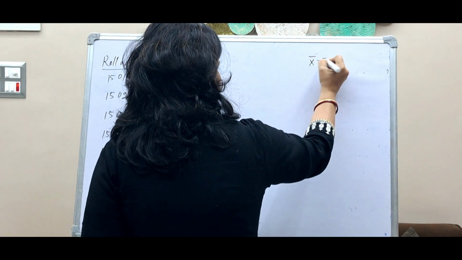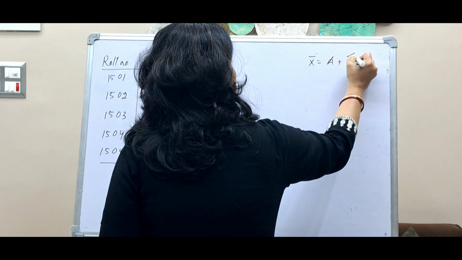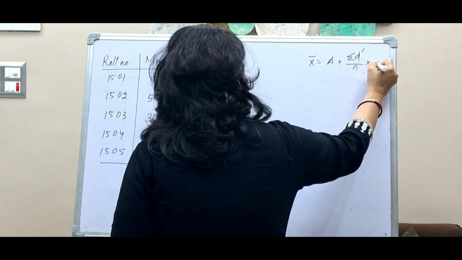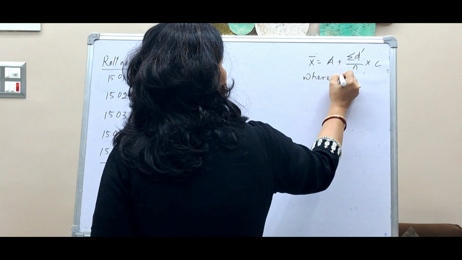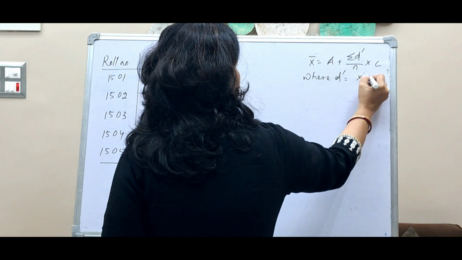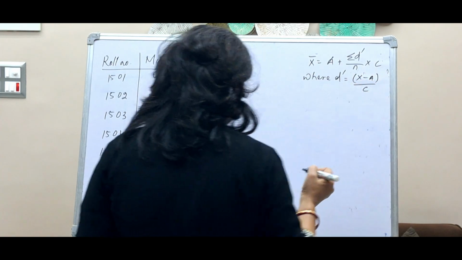X bar equal to a plus sigma of d dash divided by n into c, where d dash equal to x minus a divided by c.